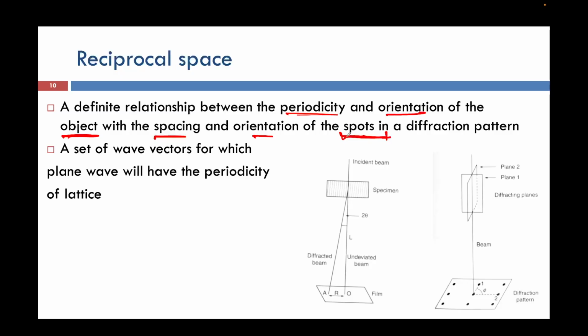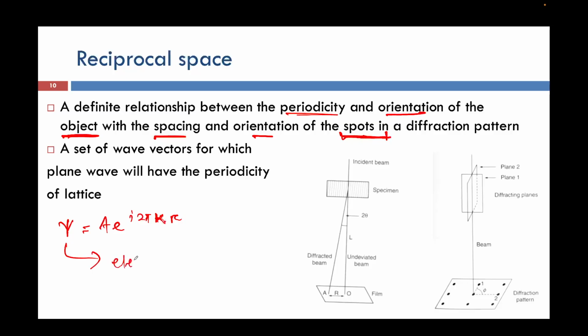Why am I saying wave vectors? Because in reciprocal space I can always represent my electron beam as e to the power i 2 pi k into r, right? Let's say psi is my electron wave.